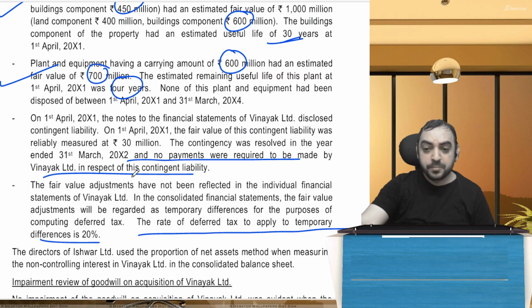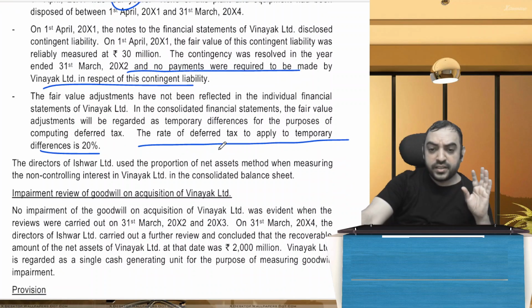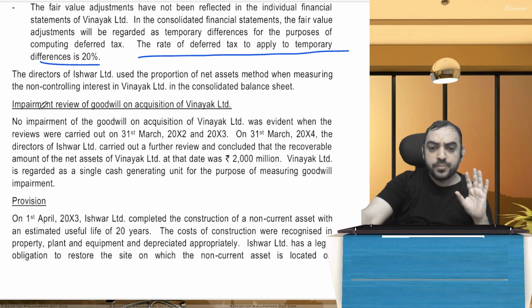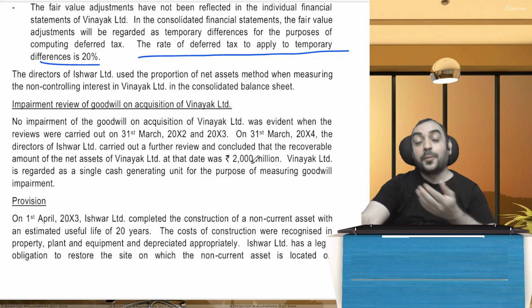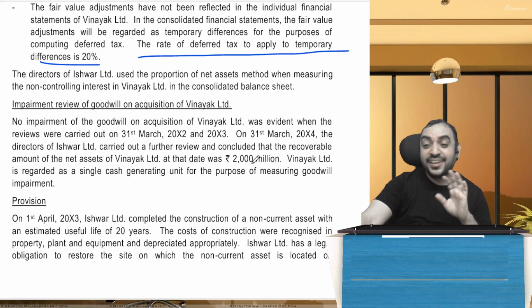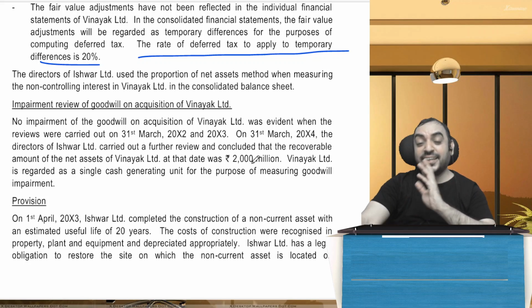Okay, let's read further. The fair value adjustment, then the rate of deferred tax I told you. Impairment of goodwill. Impairment of goodwill was evident when they carried out the review on 31st of March. On 31st March 2004, directors of Issuer Limited carried out a further review and concluded the recoverable amount of net assets was 2000. So this requires us to compute our goodwill, then take the net assets of the subsidiary company and compare for any impairment.